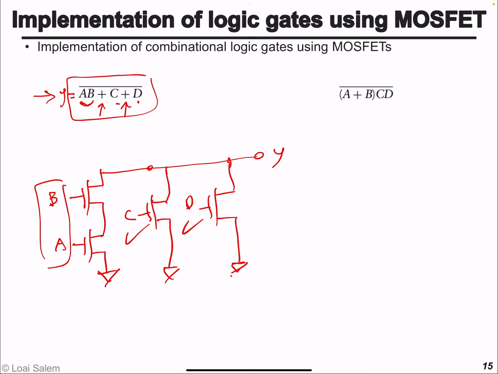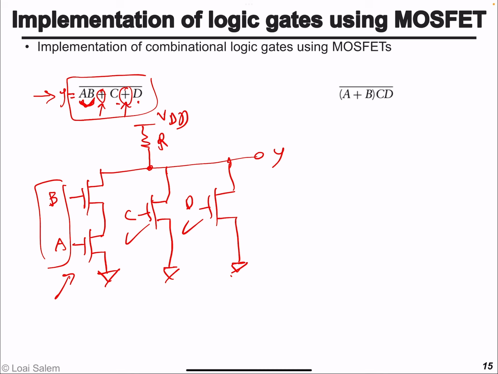Otherwise, the output will be pulled up by the resistor R. Okay, so for ANDing, we just connect 2 transistors in series, for ORing, we connect them in parallel to the output.